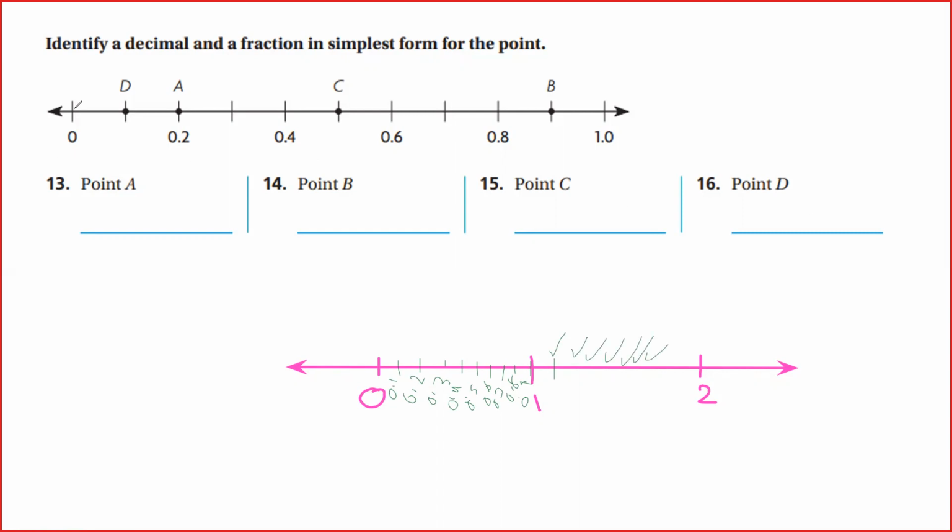Until 0.9. Now here what do we have? We have 0, we have 1, and between them, we have decimal numbers. If point A is here, we have 0.2. So what will be here? What do we have? 0.1.